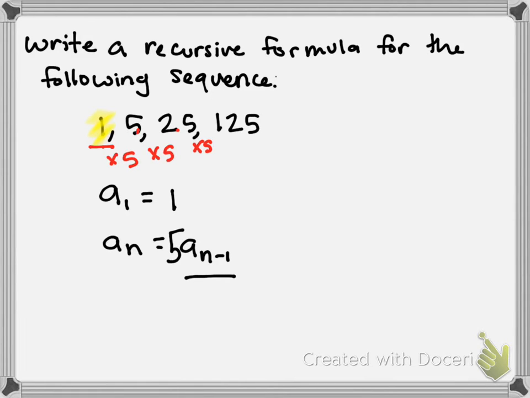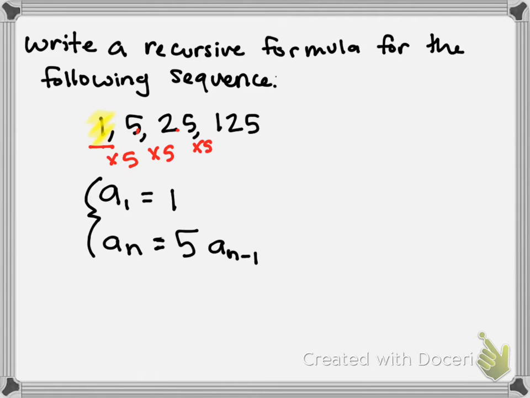So I'm going to squeeze a 5 in the front here. When I'm writing a recursive formula, I have to add the brackets so that I know they're mushed together. And I'm going to rewrite that so that it looks a little nicer. So my nth term is 5 times the previous term, right?